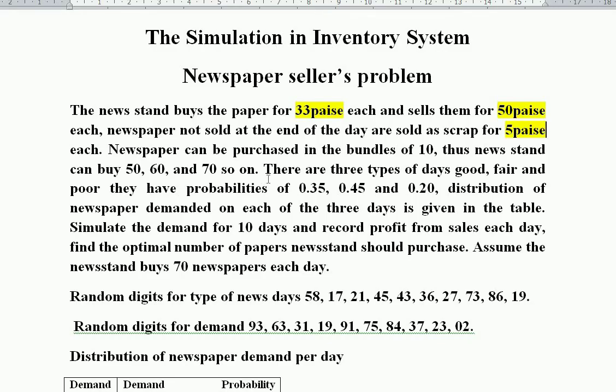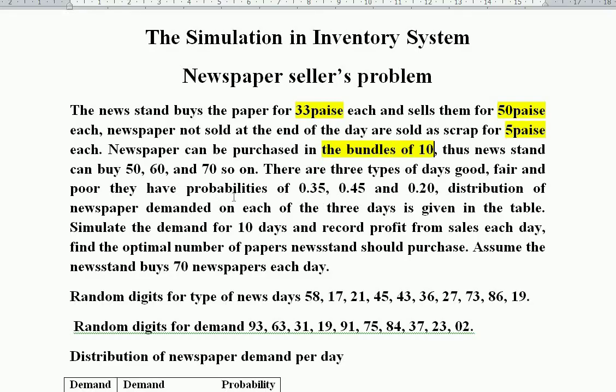They can't buy 55, 51, 52, 35, or 33. They have to buy only 10, 20, 30, 40, like this, because the newspapers come in bundles of 10.